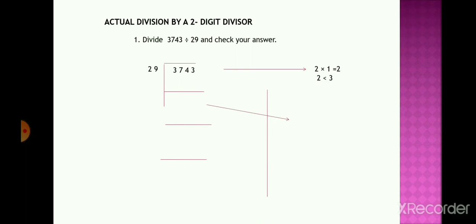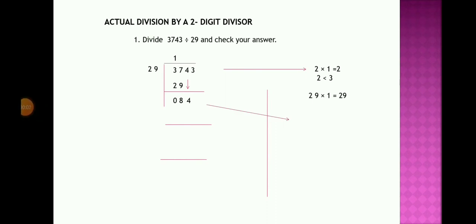Now we have to multiply the divisor 29 by 1. 29 ones are 29. 29 is less than 37. So we can write quotient as 1 and write 29 below 37. Subtract, the difference is 8. Bring down the next digit 4 from the tens place of the dividend.